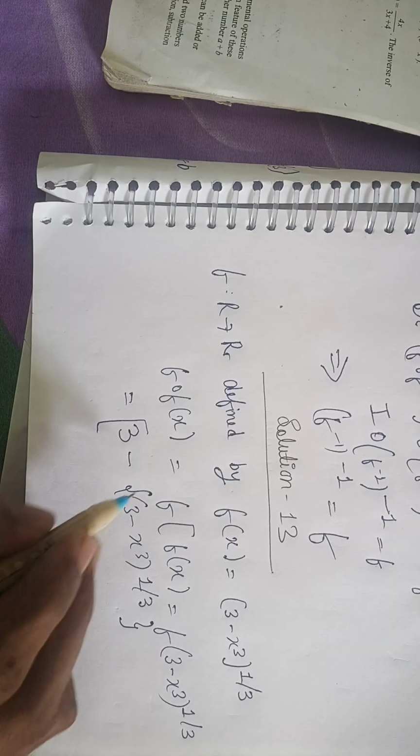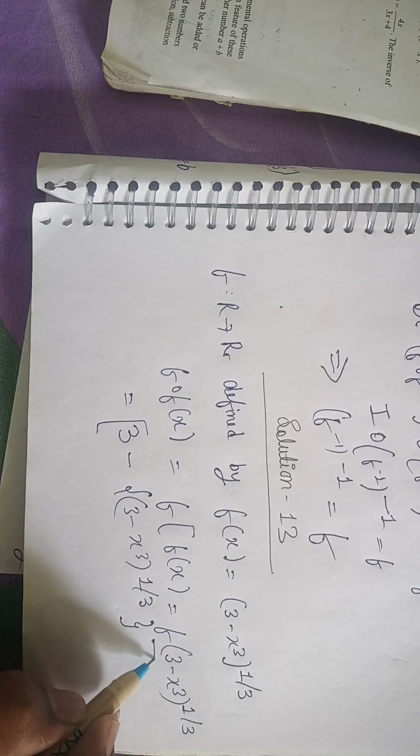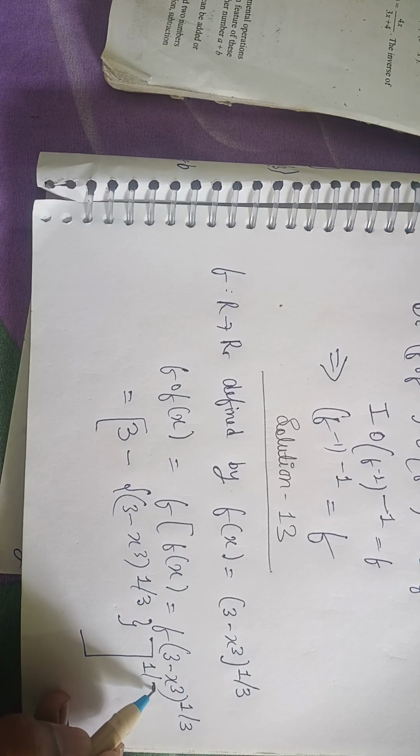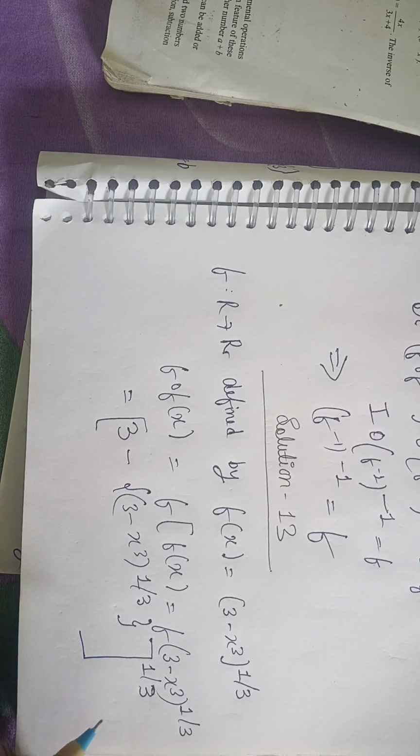After that we get {3 - ((3 - x cube) whole power 1 upon 3) cube}, and the whole power is 1 upon 3.